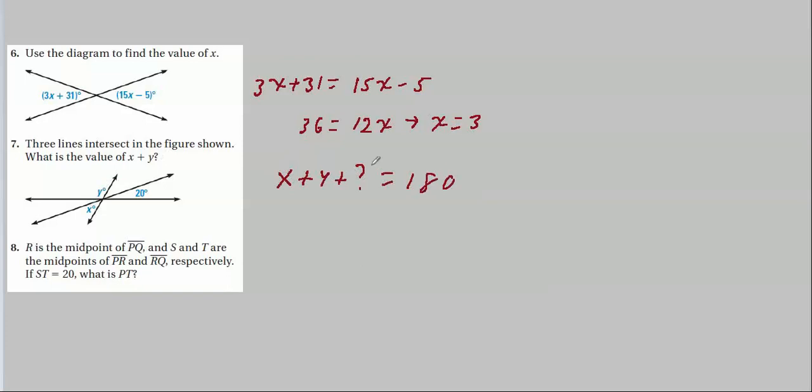However, these 2 lines are intersecting to form a vertical pair. We've got a vertical pair here, which has this line going through it. We also have a vertical pair here. Vertical pairs are congruent. Congruents have equal measure, so this one must be 20 degrees. If we stick a 20 in here and then subtract it from each side, what do we end up with?